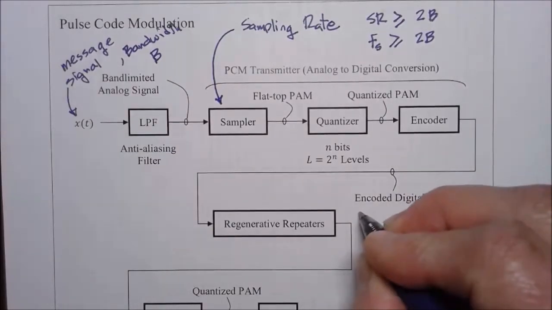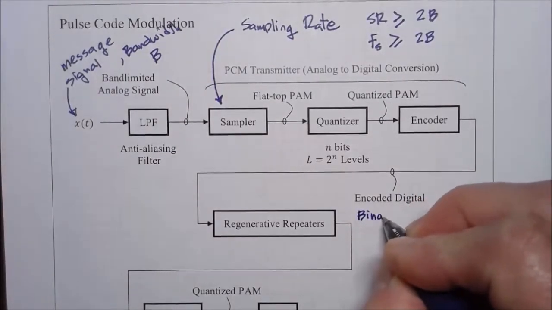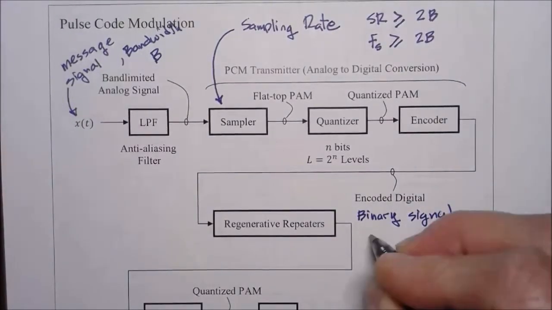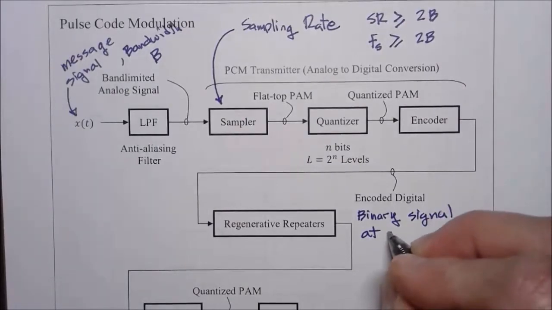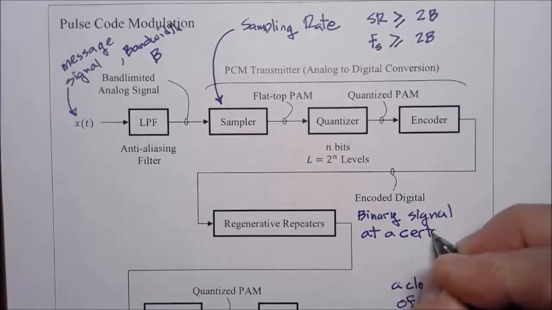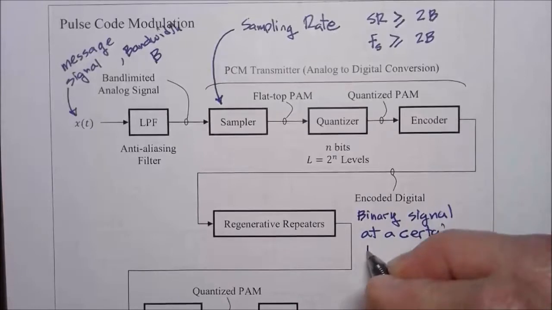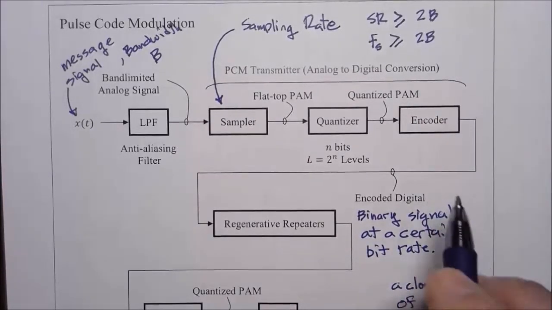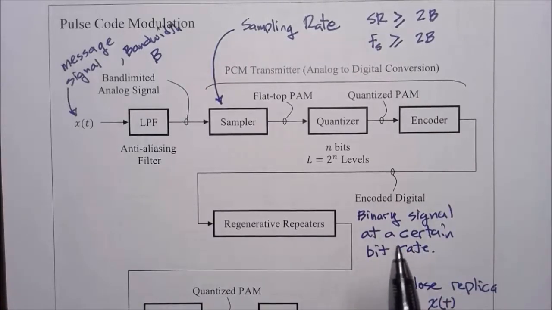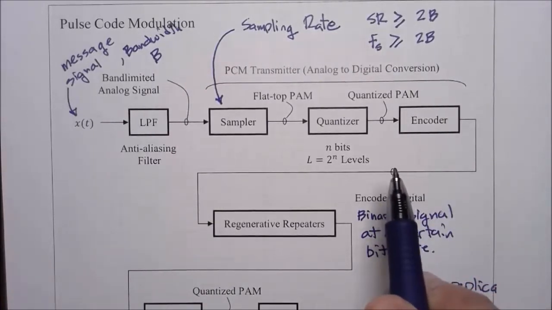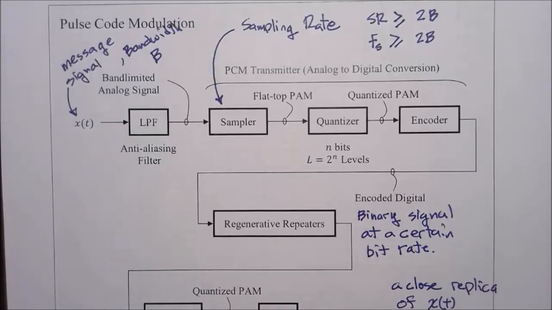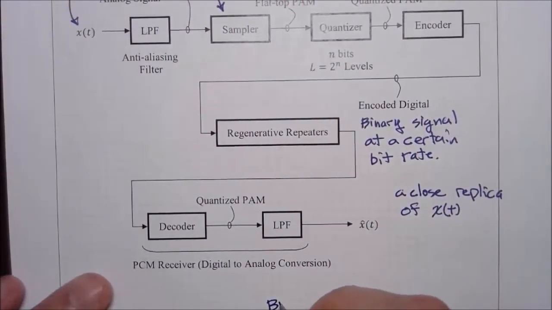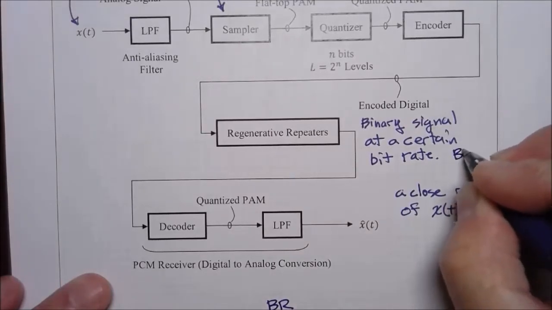See, the encoded data is a binary signal at a certain bit rate. So the binary signal is a serial binary signal that possesses a certain number of bits per second, and the bit rate. So the bit rate is simply BR.